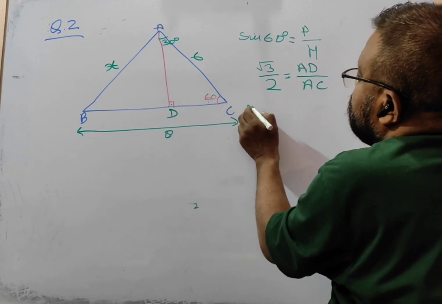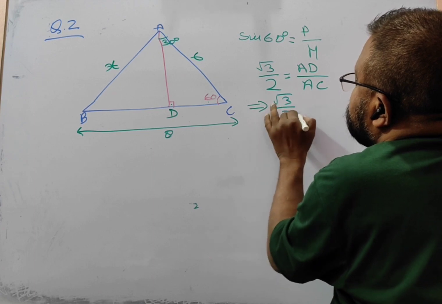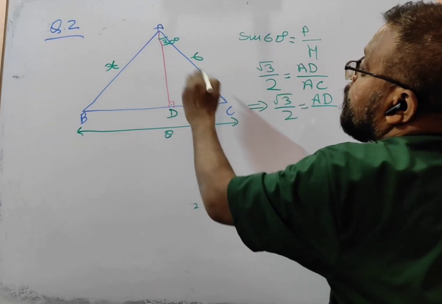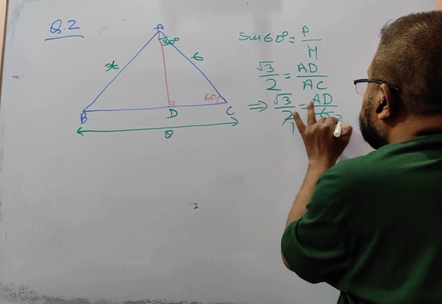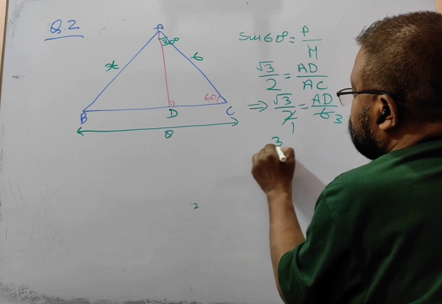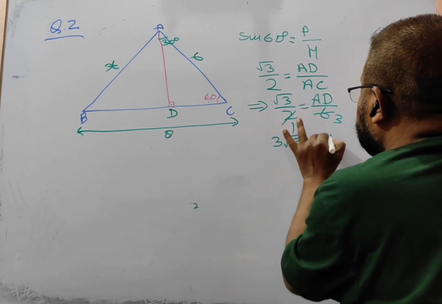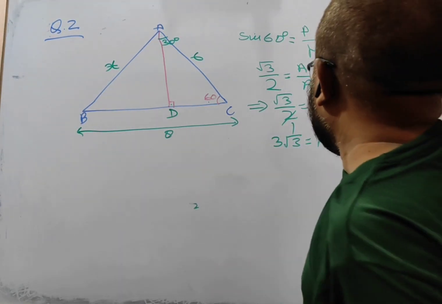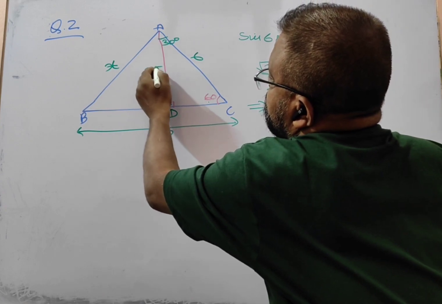So we can do it like this, that root 3 by 2 is equal to AD upon AC, which is 6. So 2 times 3 root 3, AD is 3 root 3. Then AD is 3 root 3, right?